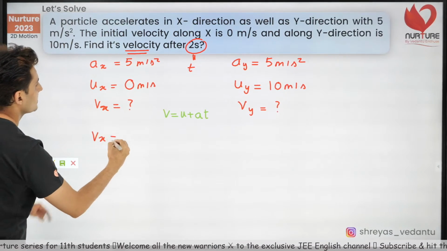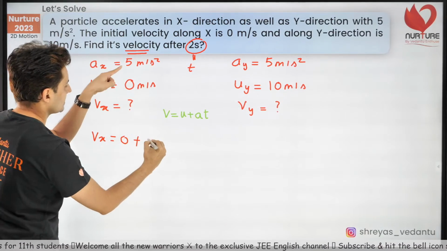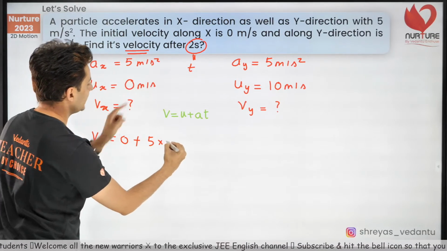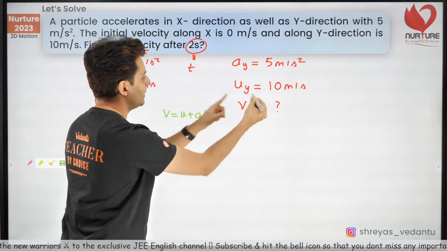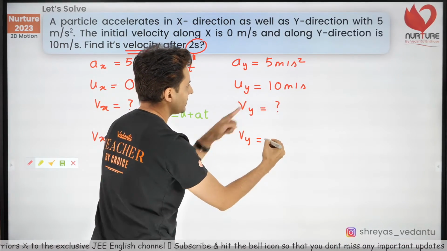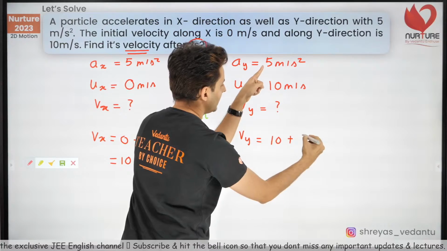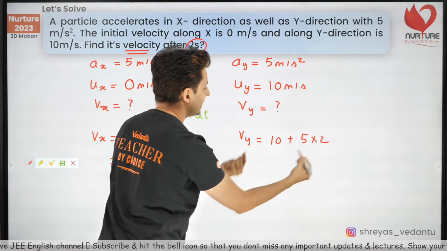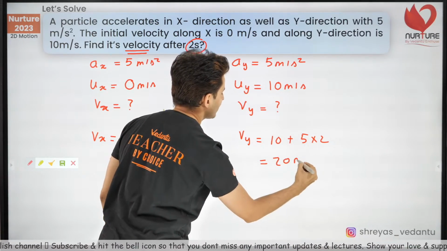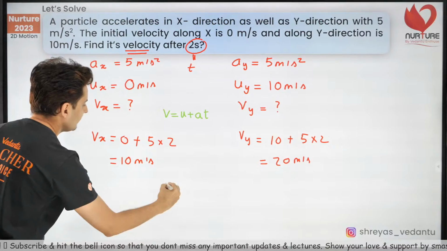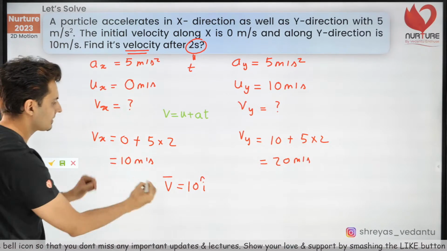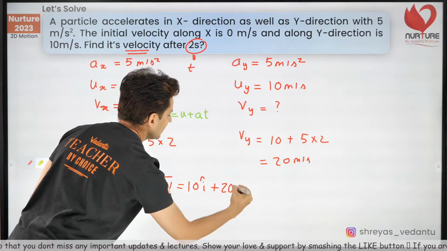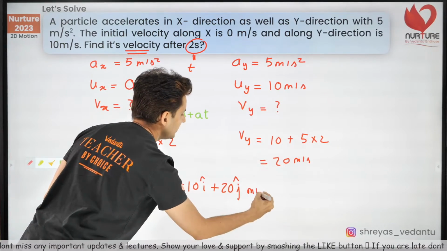So Vx is Ux plus ax into t. So that's going to be 10 meters per second. Similarly, Vy is Uy plus a into t. 5 twos are 10, 10 plus 10, 20 meters per second. Hence, the final velocity is 10 i cap, because this is in x, plus 20 j cap meters per second.